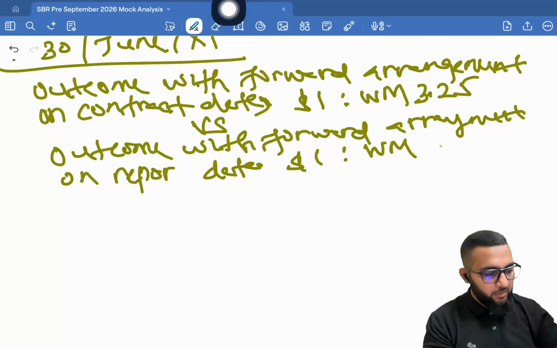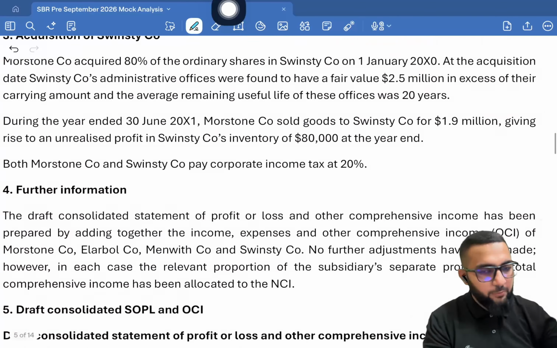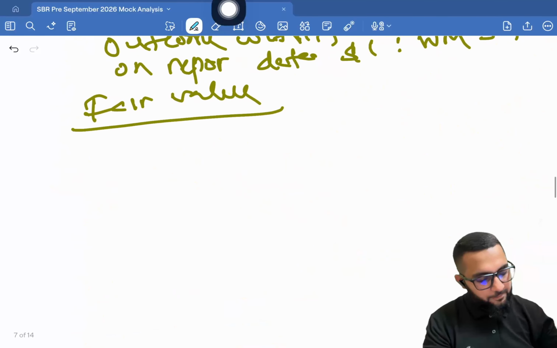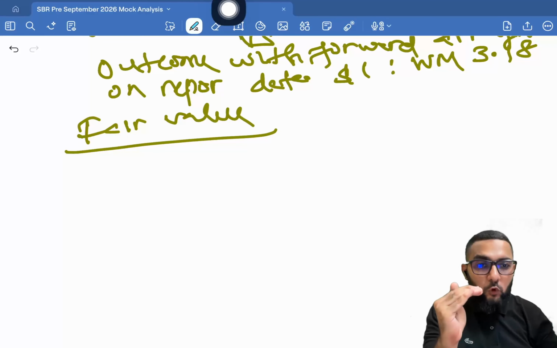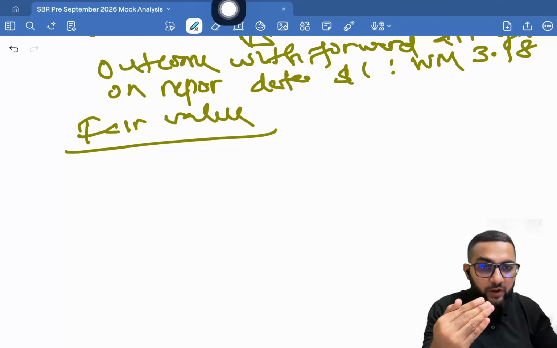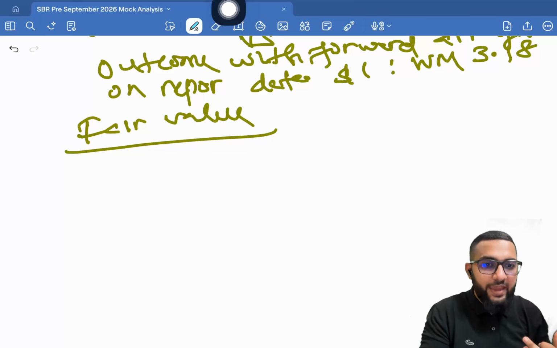So now that would change the fair value. What's the fair value? In RM, it's 5.4 million. So now you have to look at the difference between what 5.4 million would have been at 3.25 versus what 5.4 million would have been at 3.18.